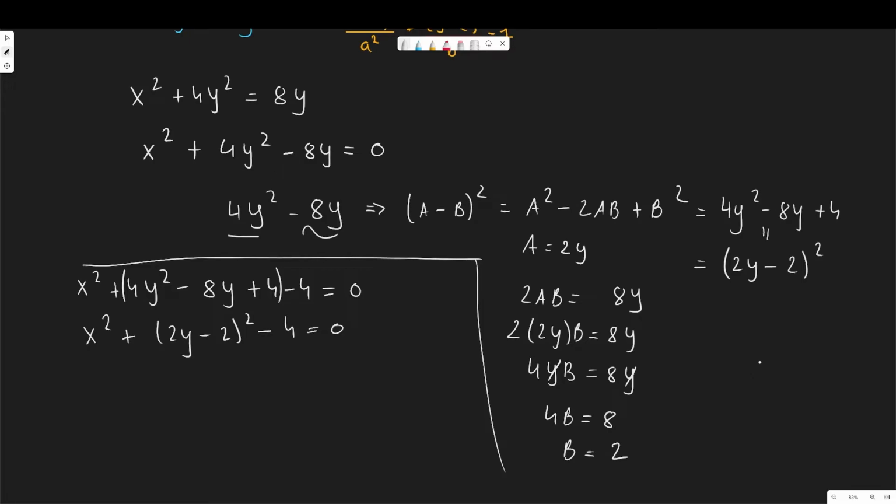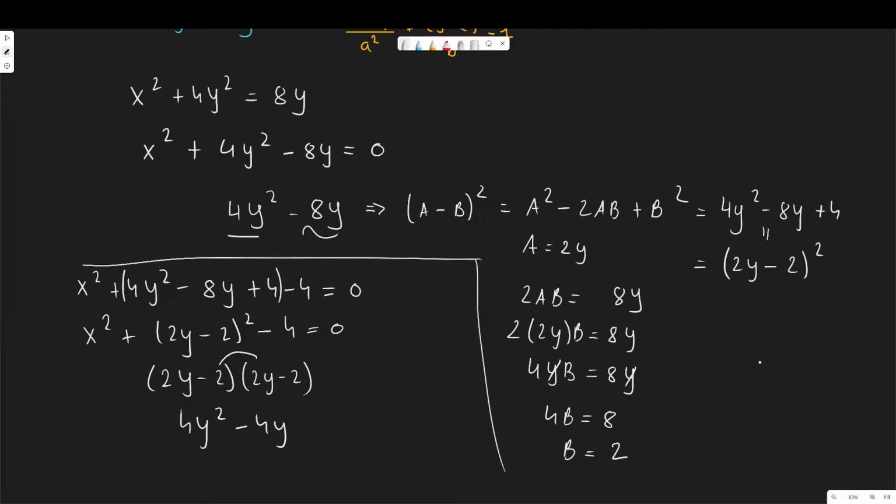And if you aren't convinced that 2y minus 2 squared is equal to 4y squared minus 8y plus 4, well, 2y minus 2 squared is the same as 2y minus 2 times 2y minus 2. So if we distribute 2y times 2y, we will get 4y squared, and 2y times negative 2 will get us negative 4y.